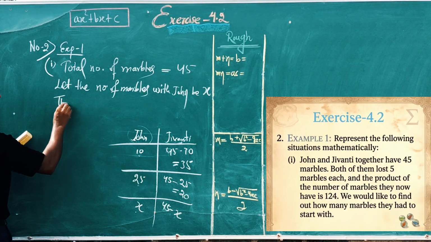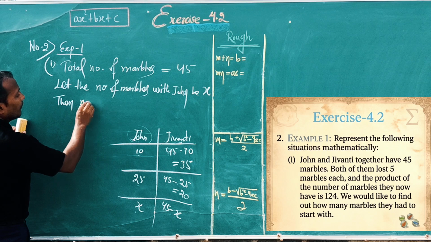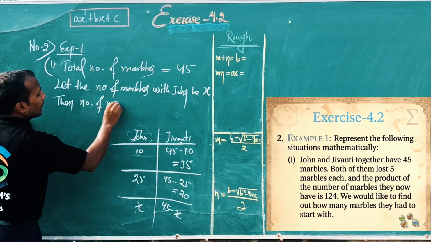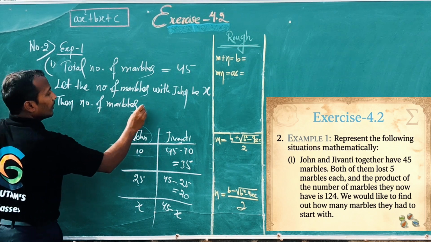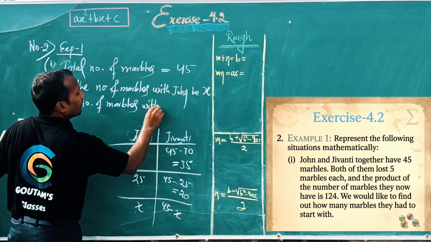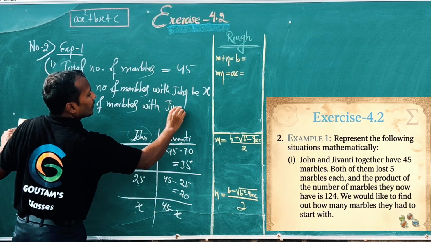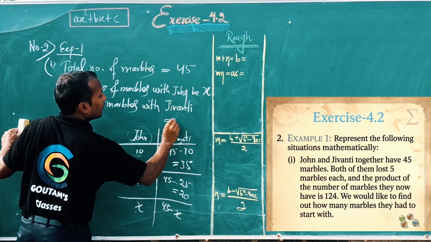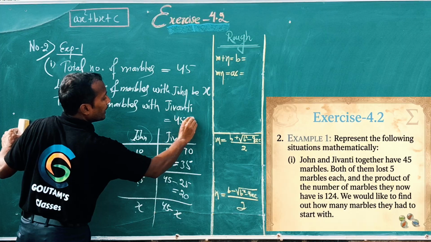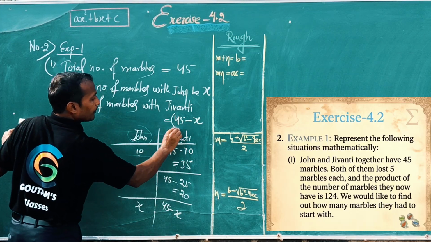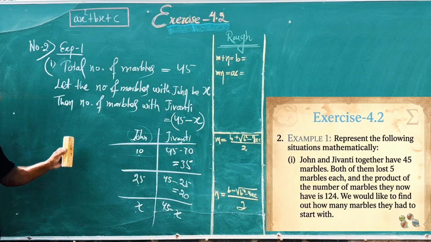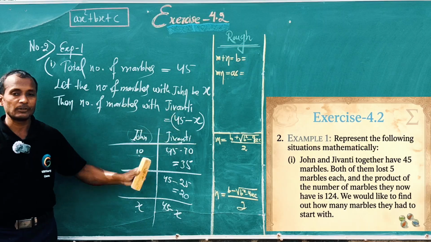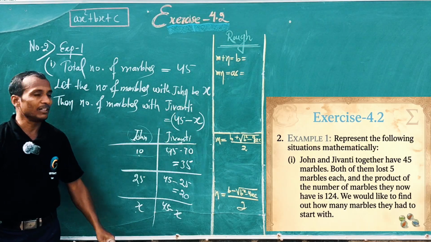Then the number of marbles with Jivanti is equal to 45 minus x. Okay, we now have the number of marbles with John and with Jivanti in terms of the variable x.